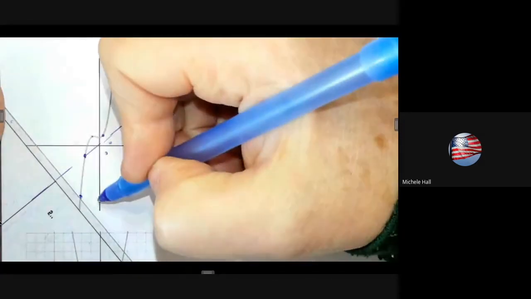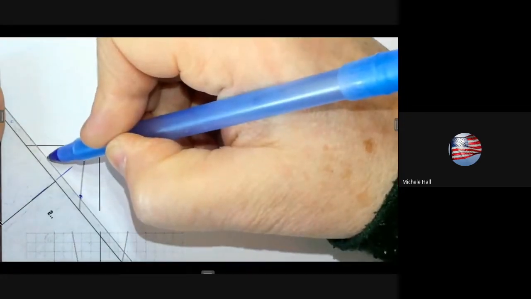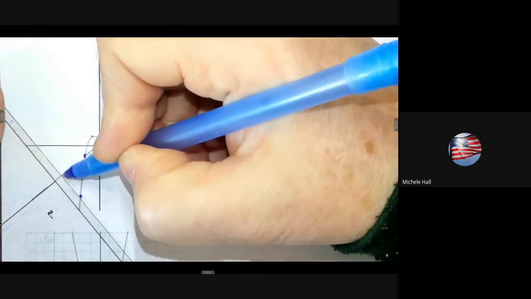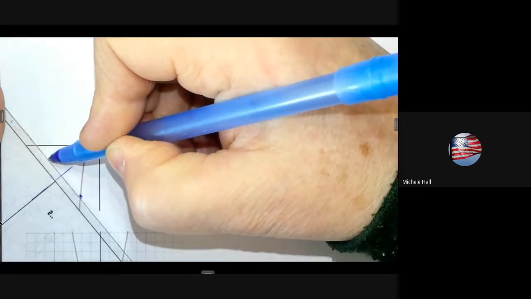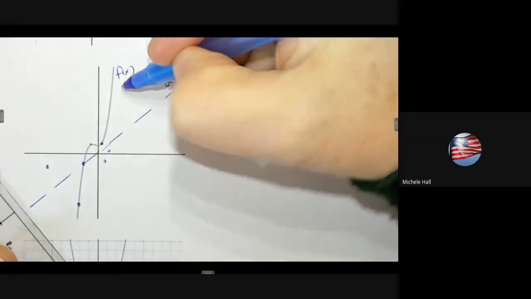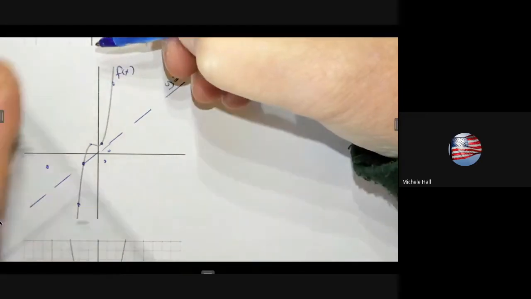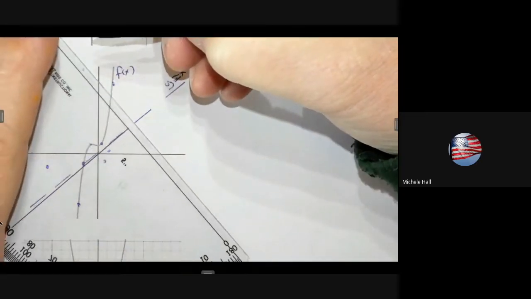I see it's about this far away from the axis. This far away from the line. And another endpoint on the other end. You can have as many points as you need, as many guiding points.